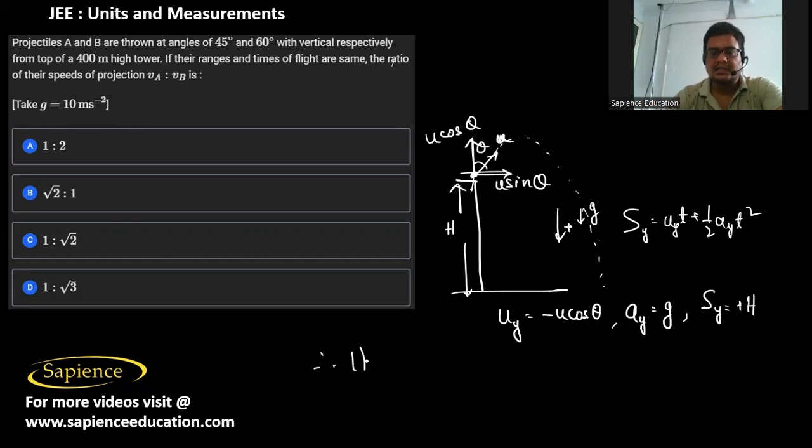Therefore h will be equal to minus u cos theta into t plus half ay, that is g into t square.